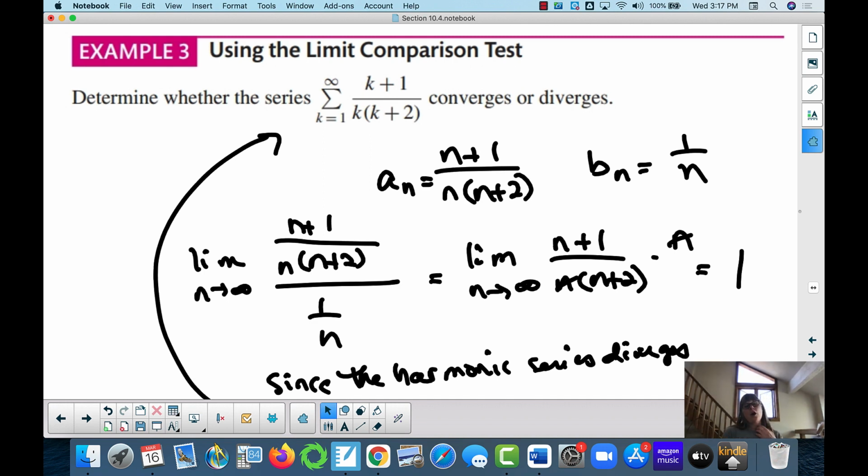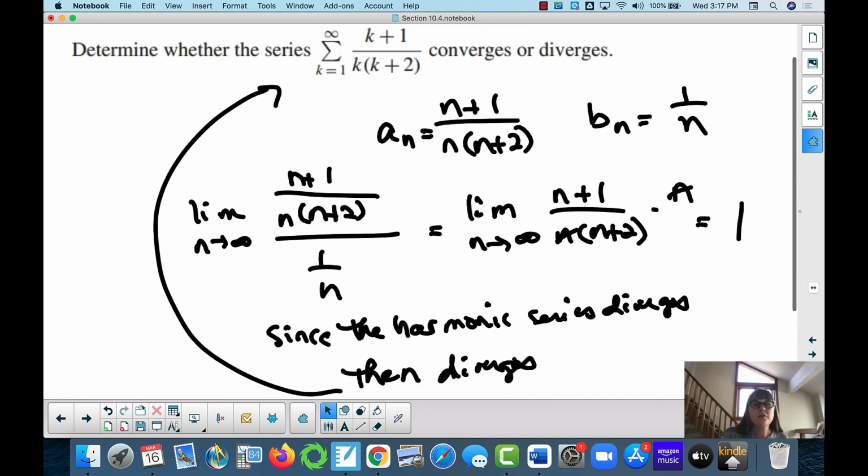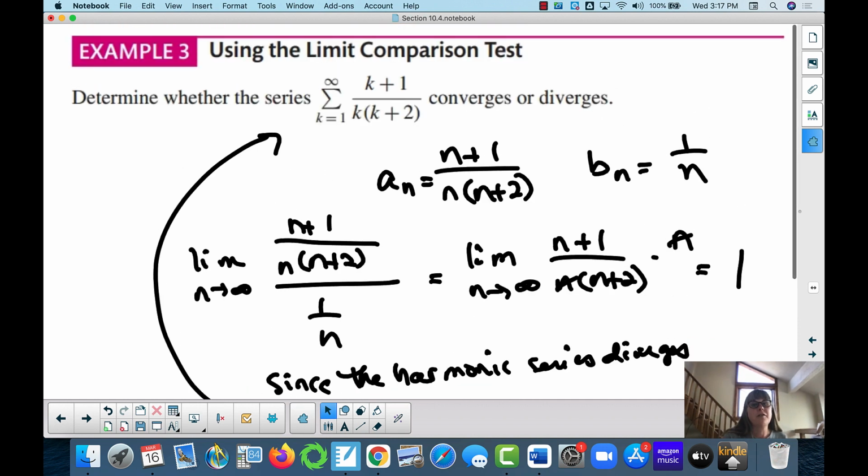So you can see the harmonic series is going to be one that you're going to use as a comparison. Geometric series you'll use as a comparison because you can easily figure out if that converges or diverges. P series you're going to use as a comparison because you can also easily figure out if that converges or diverges. And so this limit comparison test can be very helpful.